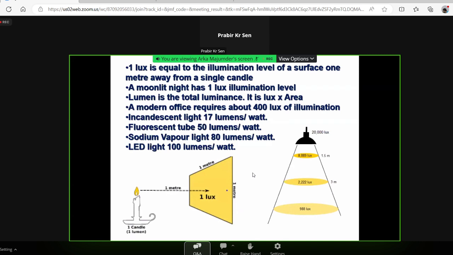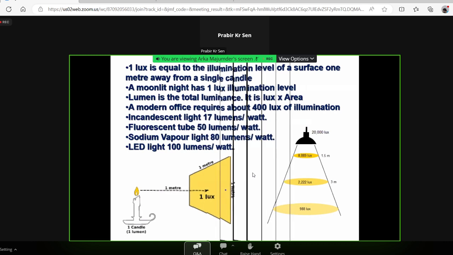You see, the same watt is producing different lumens. So it looks like my incandescent light is more of a power guzzler. It is consuming more power and producing less light. So where is the power going? Heat, raw heat. LED light, much less heat.